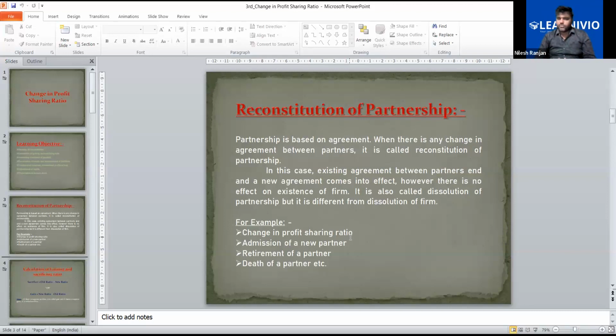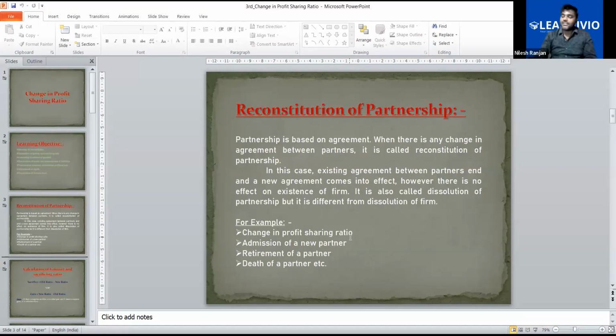Okay, so in your syllabus, there are only these 4 topics included for reconstitution. So the first chapter we are discussing is change in profit sharing ratio. So all these are part of reconstitution.